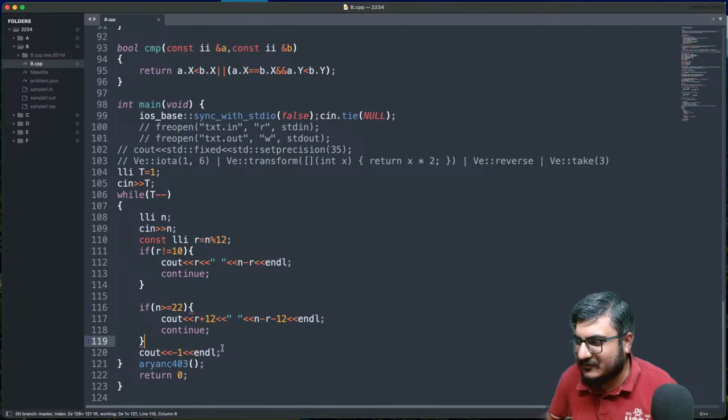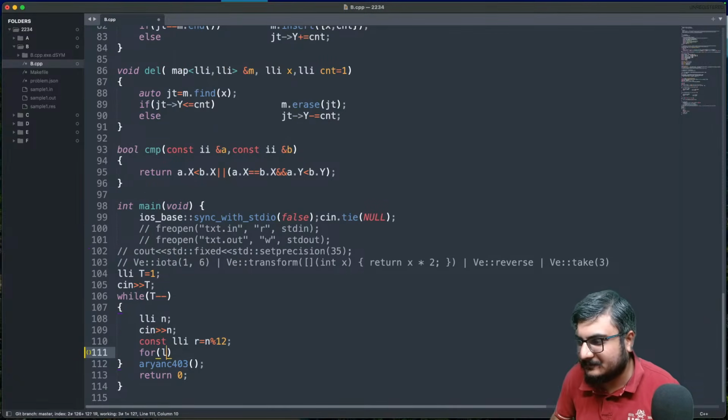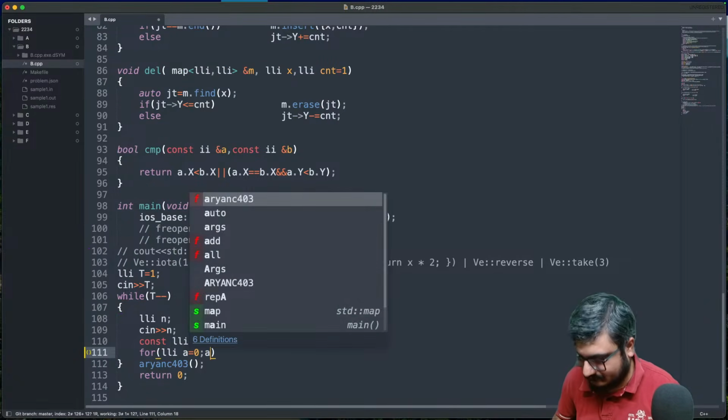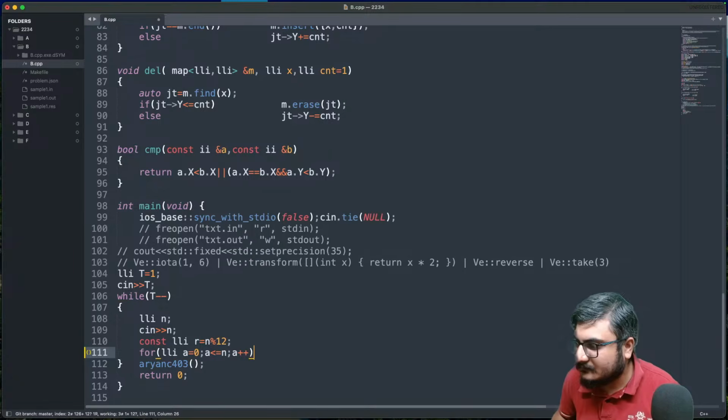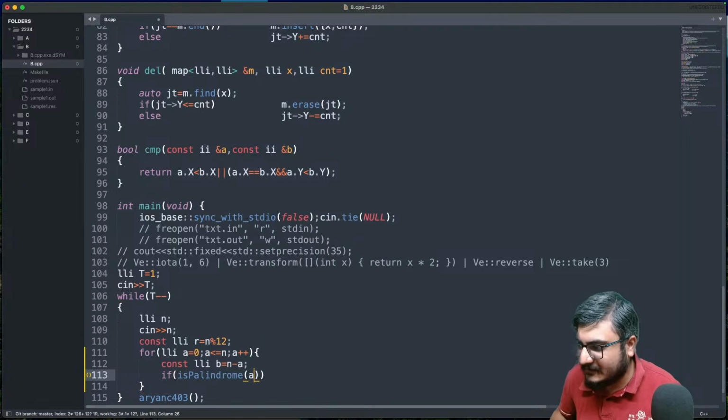No, this will actually not give you the TLE, that's the crux. If it's a palindrome, then we can print.